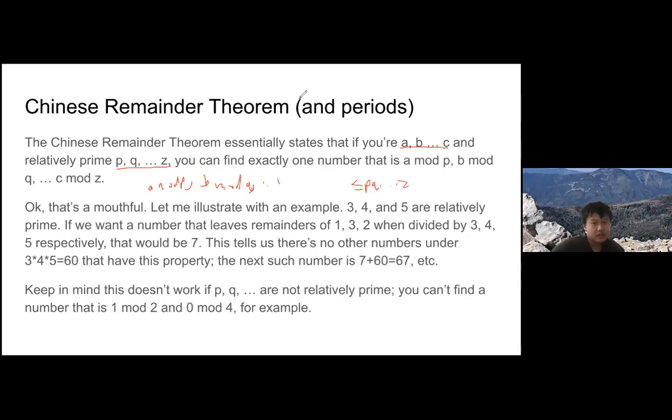So let me illustrate that with an example. 3, 4, and 5 are pairwise relatively prime numbers. So let's say we want a number that is 1 mod 3, 3 mod 4, and 2 mod 5.